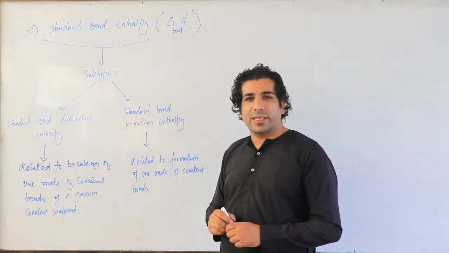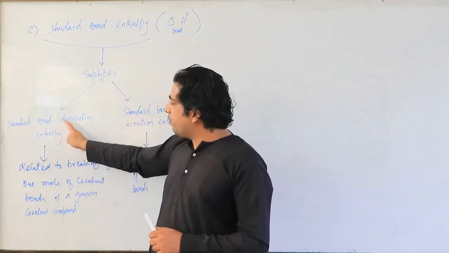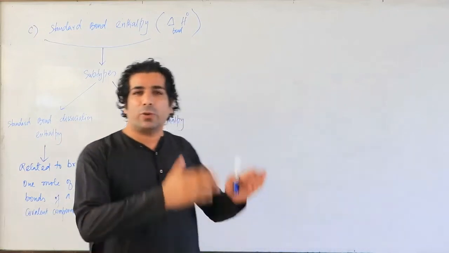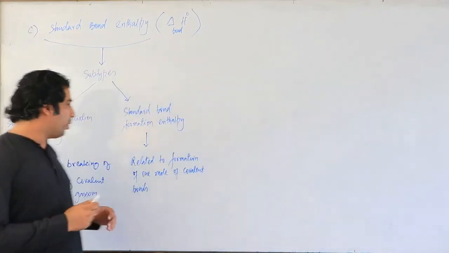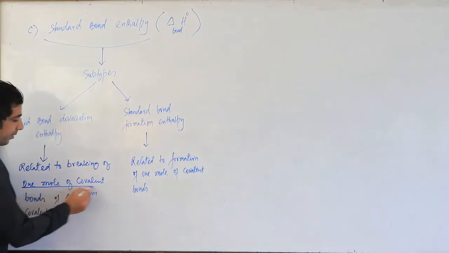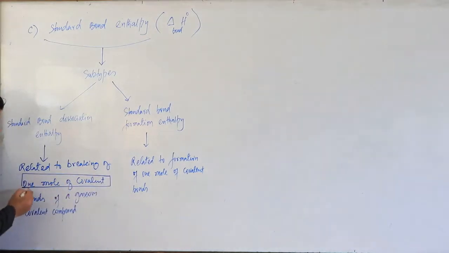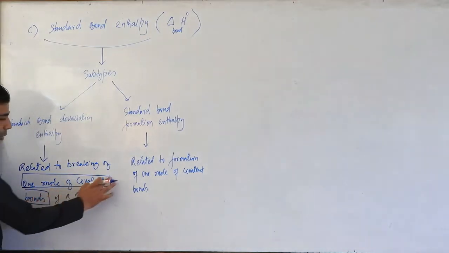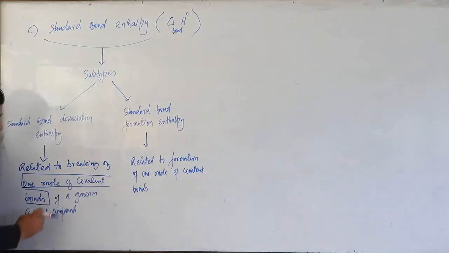When we look at standard bond dissociation enthalpy, that means you have to break something. What you are going to break is 1 mole of covalent bonds of a gaseous covalent compound.